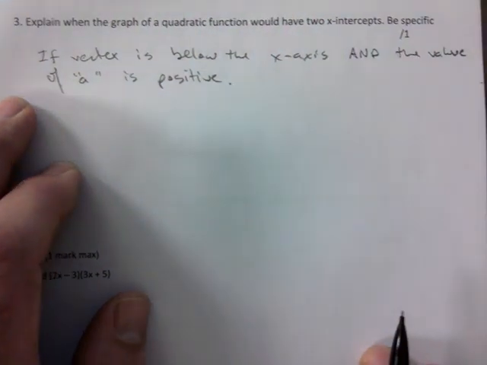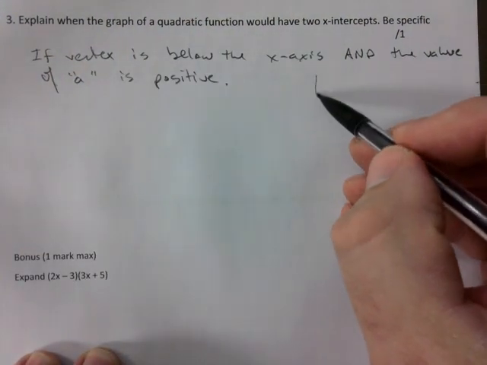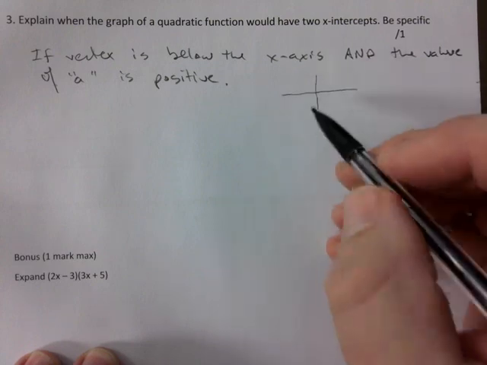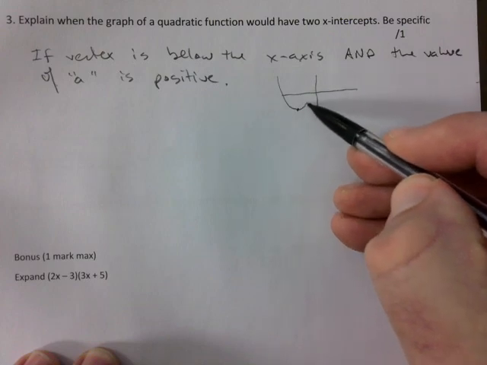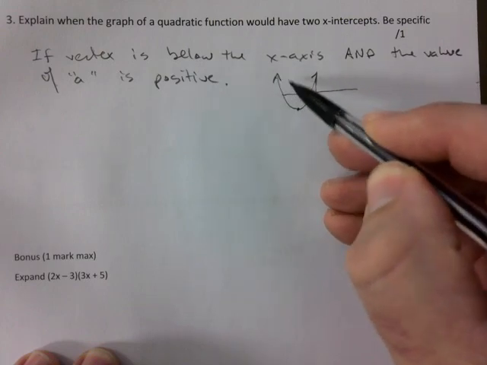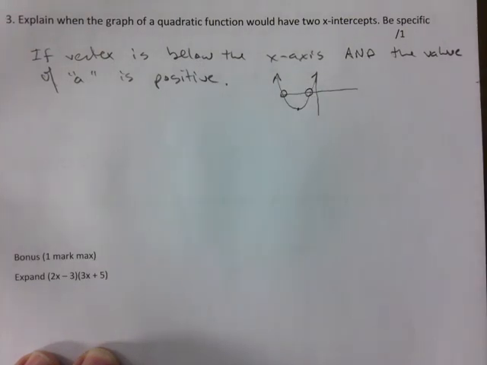That could be one way of expressing that, and then you would actually give me a little sketch. You would say it's below and a is positive, so this is the resulting graph, and then you hone in on those x-intercepts there.